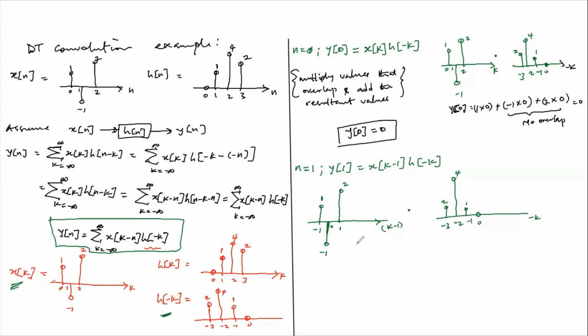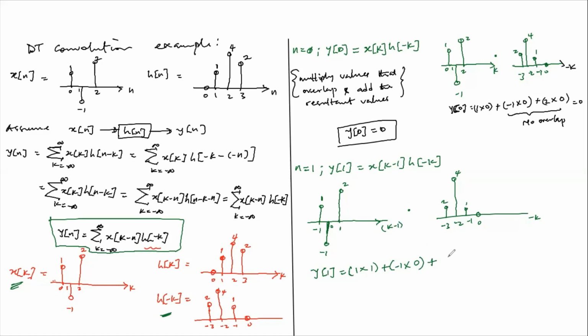So the points that coincide or better still overlap, in this case, minus 1 and 0 overlap, okay? So we don't have 1 here. So at point minus 1, we have 1 times 1, plus at point 0, we have minus 1 times 0.